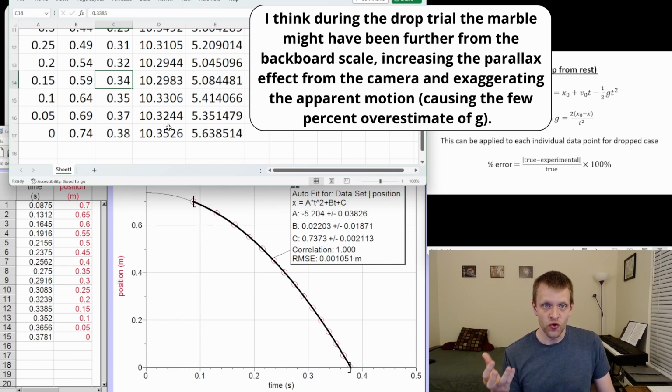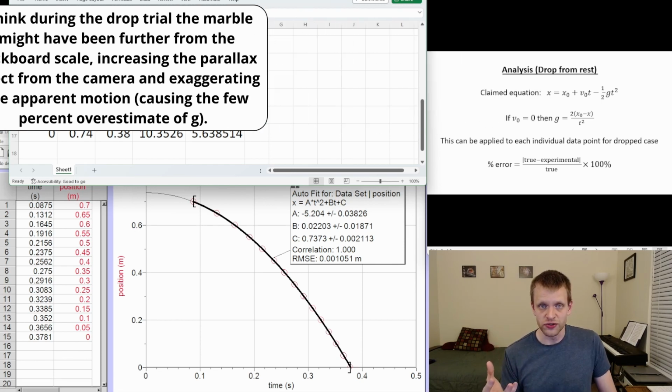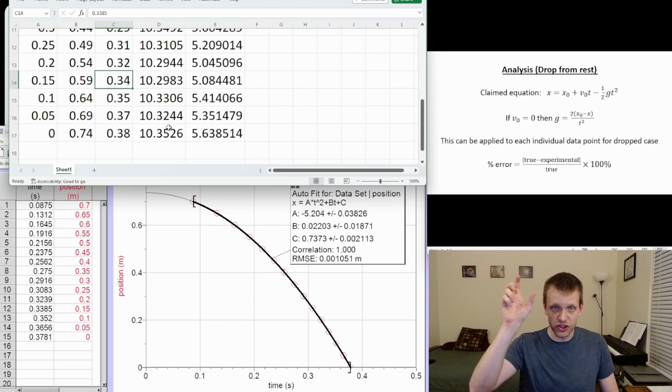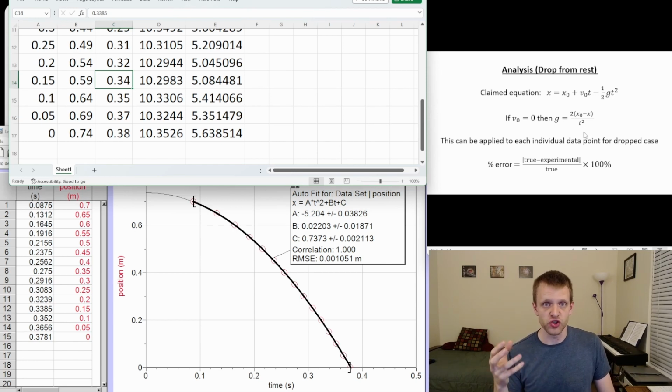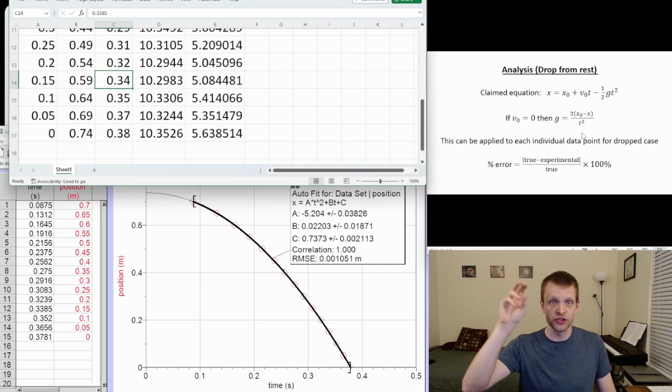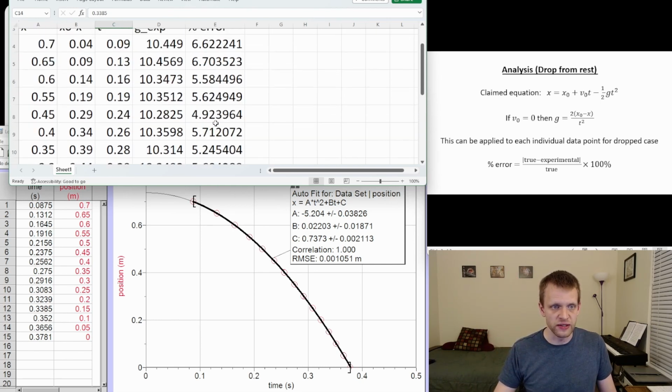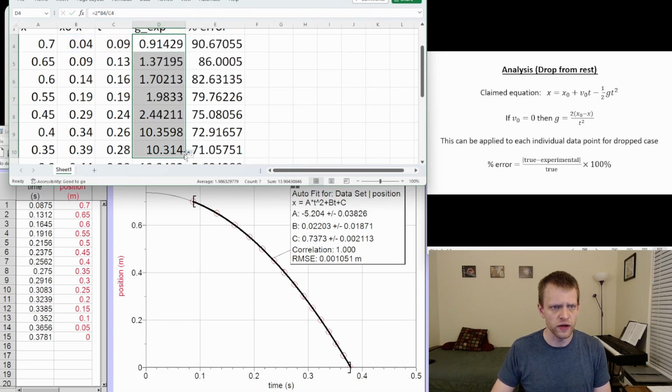But again, we got these results by looking at a change in position in meters, still times 2, divided by the time squared. The units for all of these are going to be meters per second squared. And just for comparison, let's say I take out that squared value.